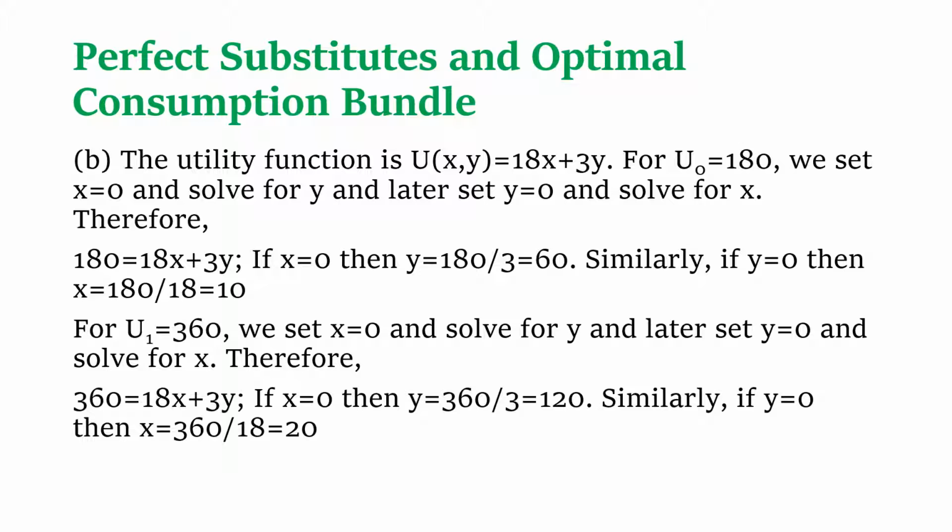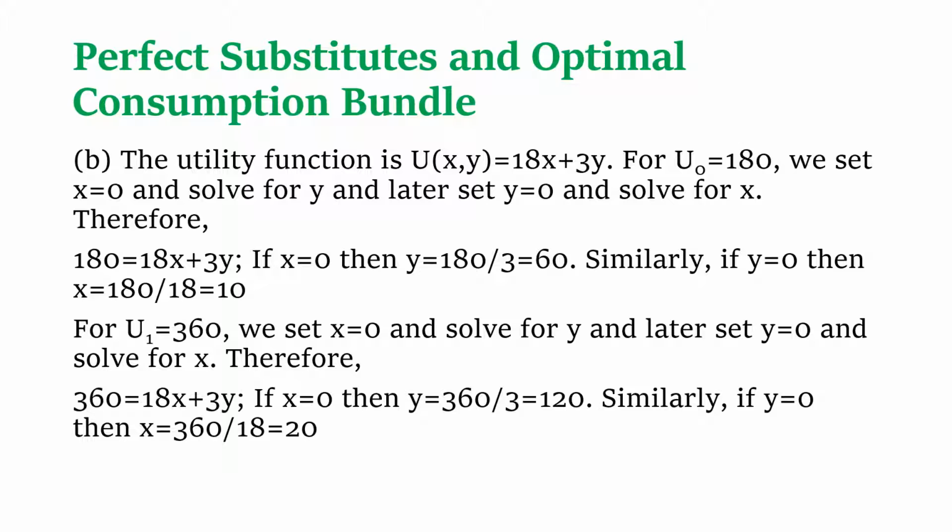And if we solve, we're going to have 60. Similarly, if we set y equals to 0, then 180 divided by 18 equals 10. So now we see that for the first set, we're going to have 60 and then 0, right?